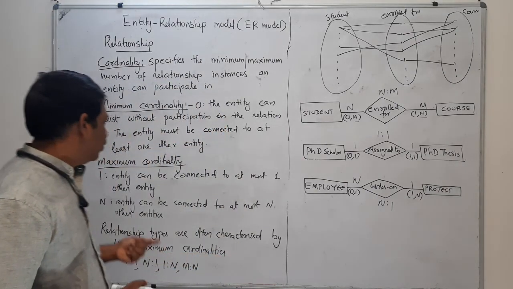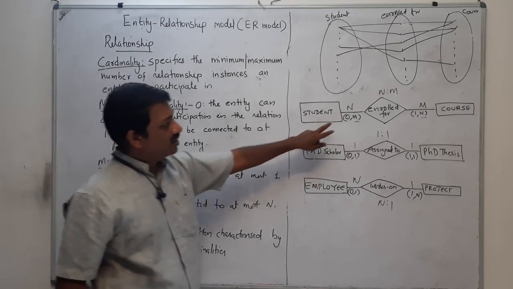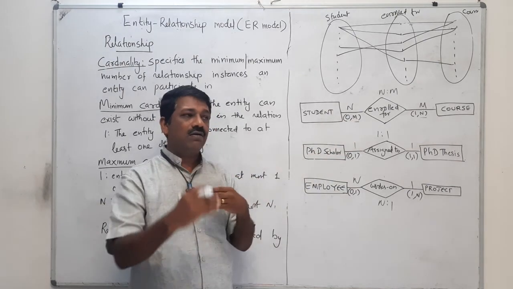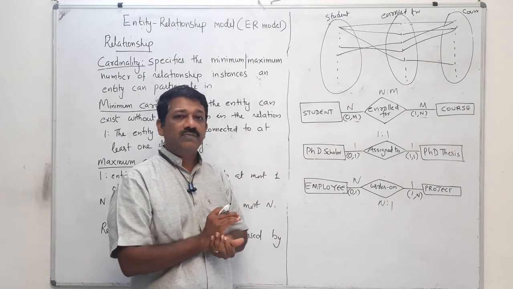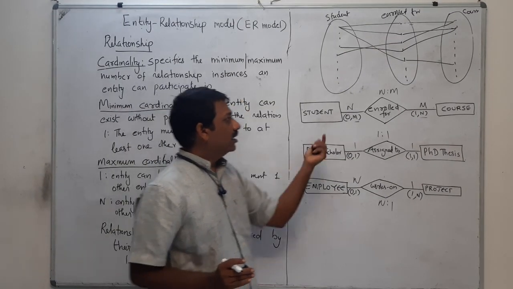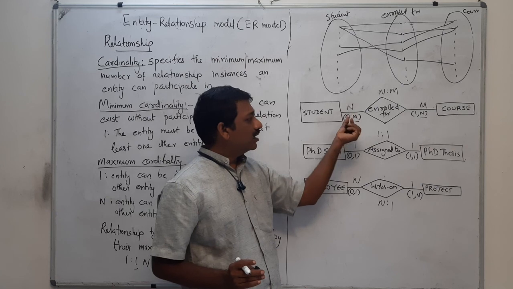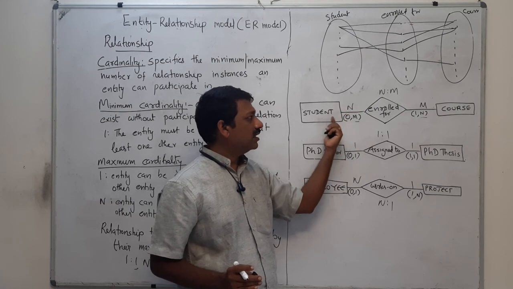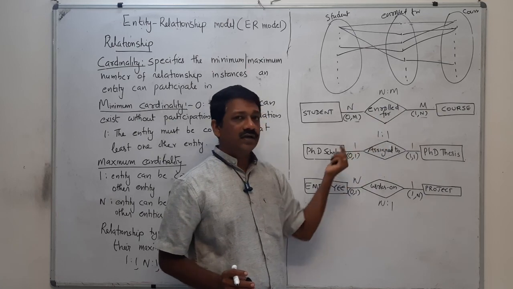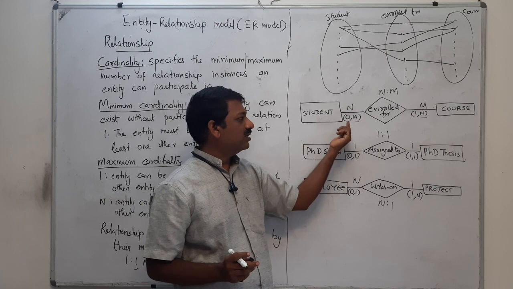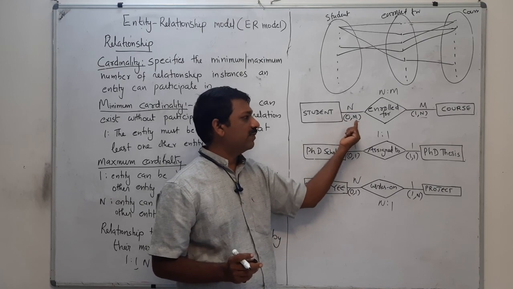Okay, so that's about relationships and how they can be entered. That means two types of representations are there. When you are writing an entity relationship model as a graphical diagram, if they are writing only one symbol here, that is in this way, as I already told you. If this representation is given, that means this is maximum cardinality and this is minimum cardinality.